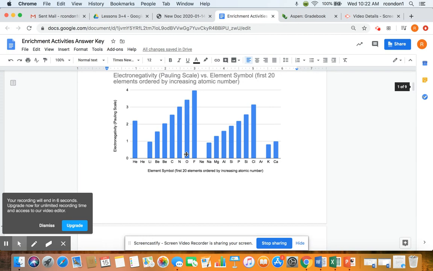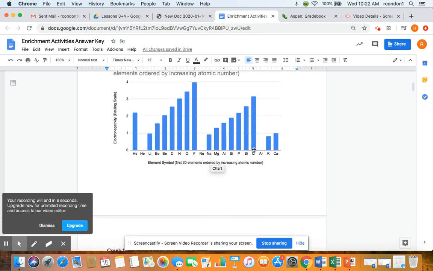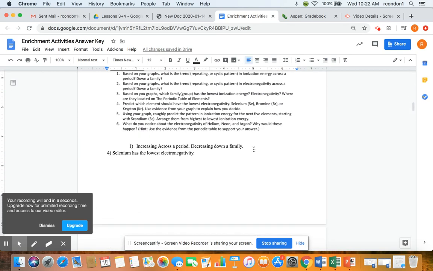And the evidence I would point to is that as we go across any period, so lithium to fluorine, sodium to chlorine, electronegativity increases.